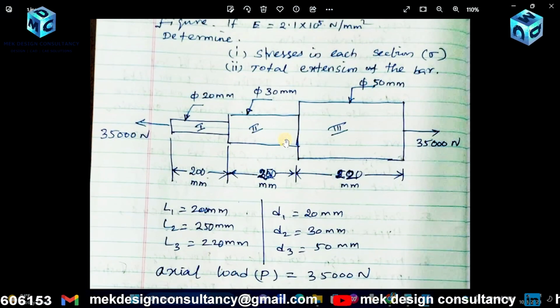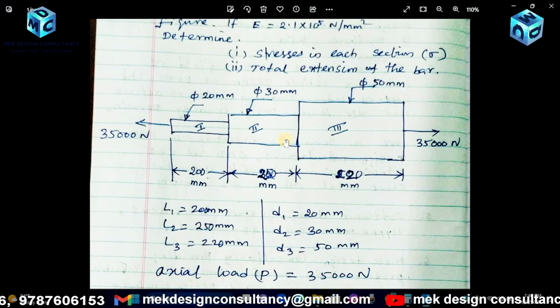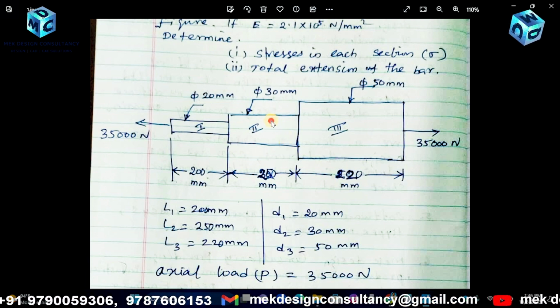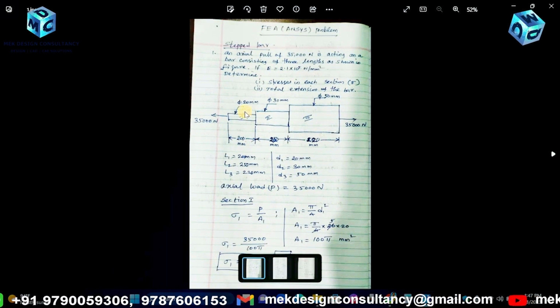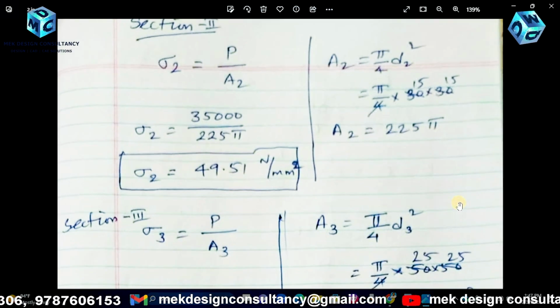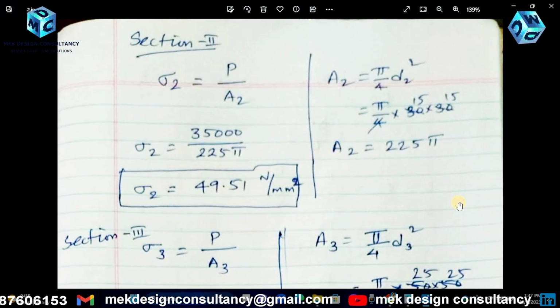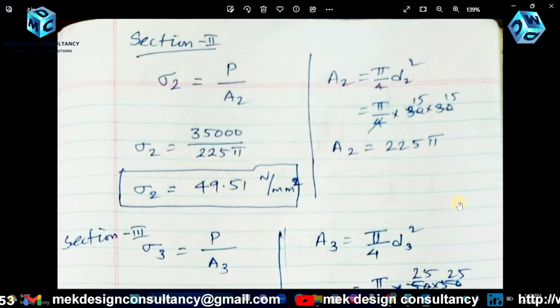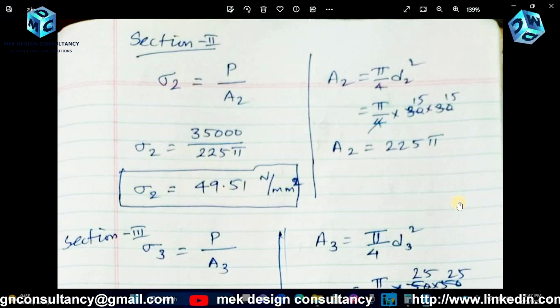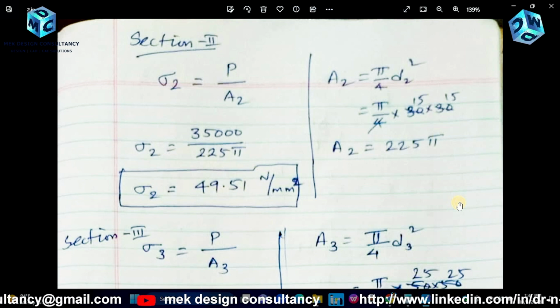Similarly, for the second section, sigma 2 equals P by A2. We know that P is 35,000 Newton and A2 is calculated using the formula pi by 4 into D2 square.